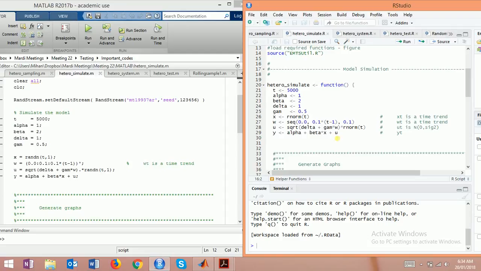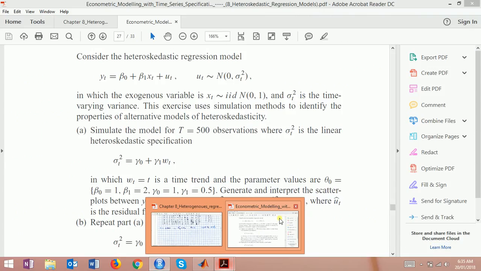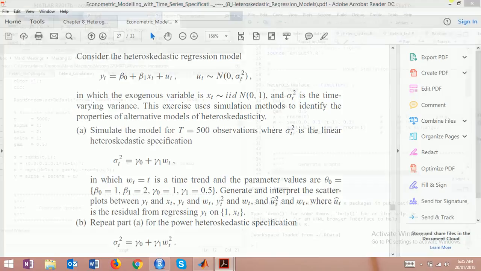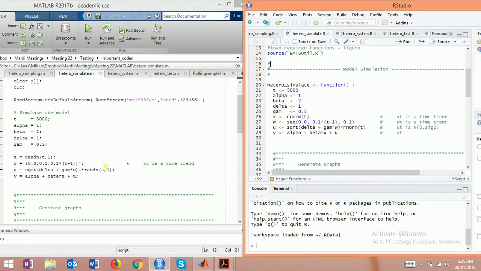So what I'm doing is I'm looking into the equation here. Omega t is a time trend, so up until t minus 1 I'm going to generate omega from 0 in steps of 0.1.